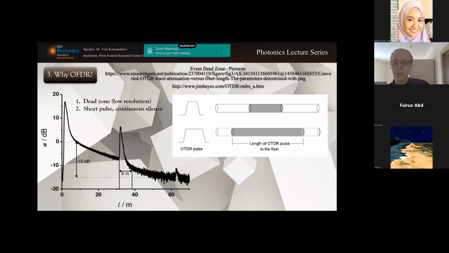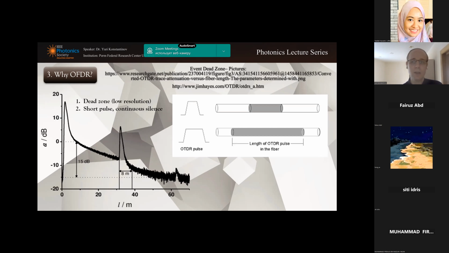Another disadvantage is that you have a very short pulse, and after that you need to provide continuous silence within the OTDR trace, because the pulse needs to travel toward the end of the fiber. It needs to go back to the photodiode, and only after that can you emit another short pulse.